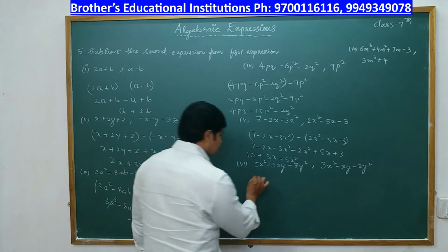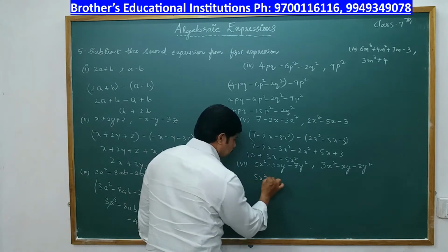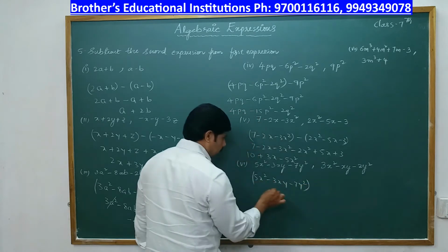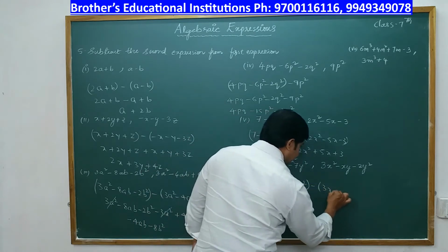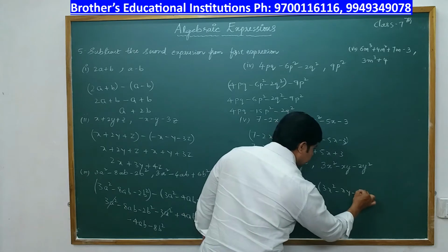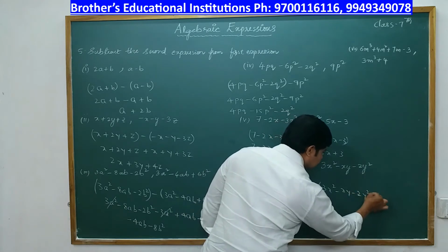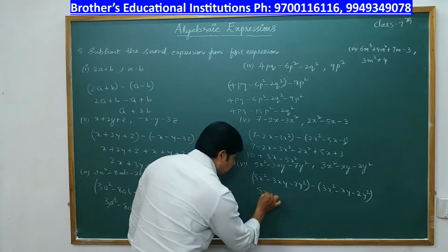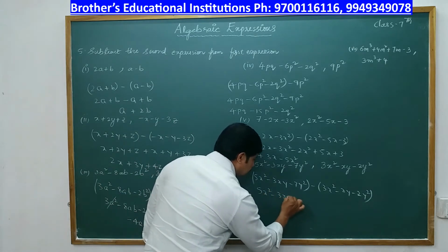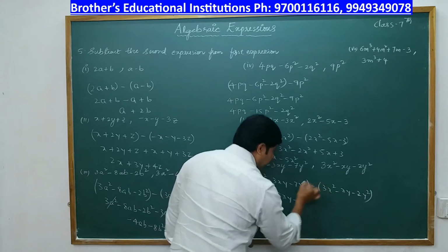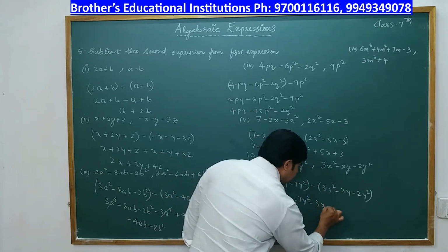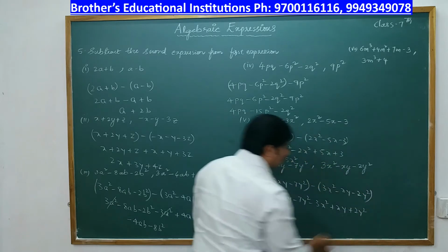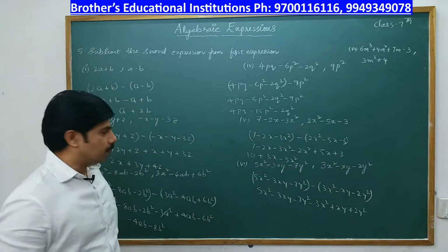In this one, first expression we write 5x square minus 3xy minus 7y square, then minus of 3x square minus xy minus 2y square. So we'll simplify this. It is 5x square minus 3xy minus 7y square minus 3x square plus xy plus 2y square. We multiply with minus sign and open the brackets.